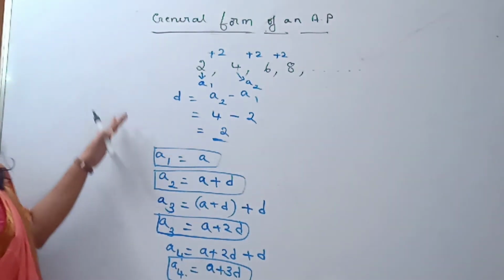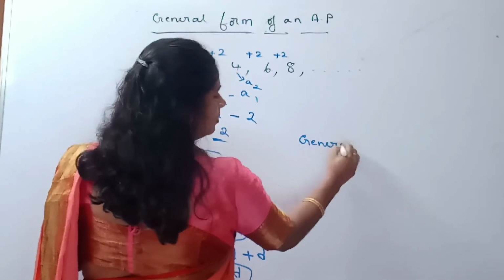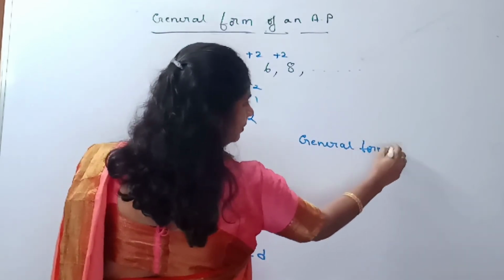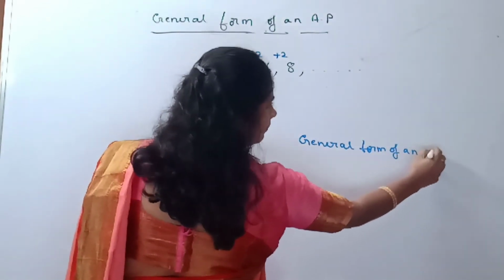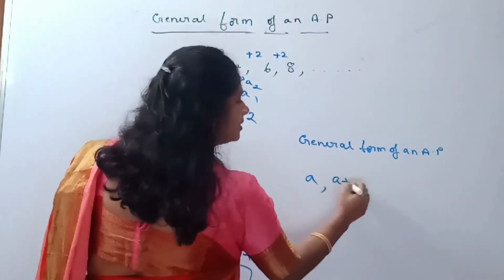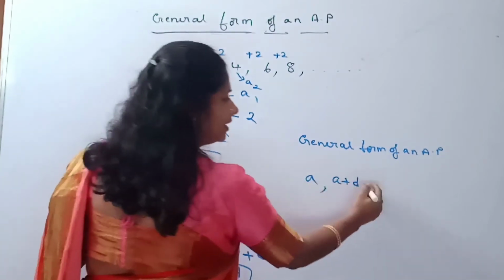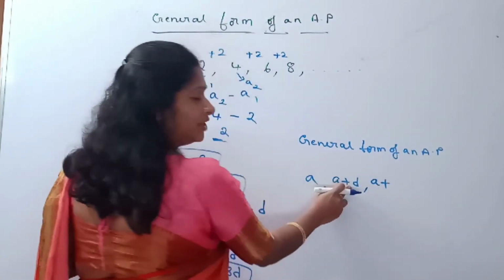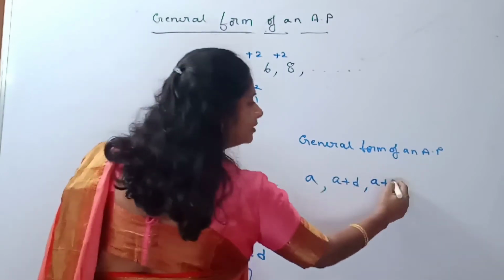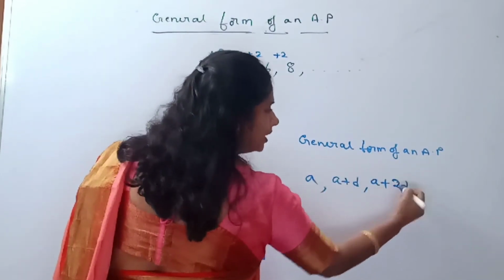So the general form of an AP is: first term is A. For the second term, add the common difference to the first term, I'll get A plus D. Add the common difference to the second term, I'll get the third term, A plus 2D.